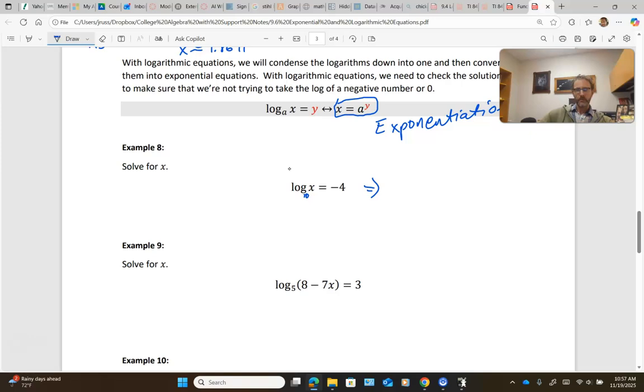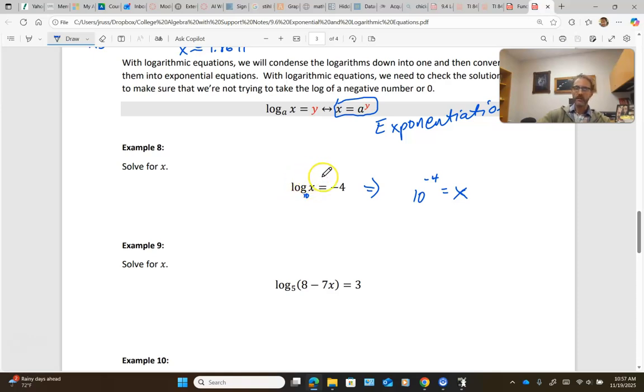Because when I exponentiate this, this will become 10 to the -4 power is equal to x. Okay, we got some practice doing this in 9.4, converting a logarithmic equation to an exponential equation and vice versa. Okay, so that was the reason we did it, is because this is the way we're going to solve these, or this is part of solving these logarithmic equations.